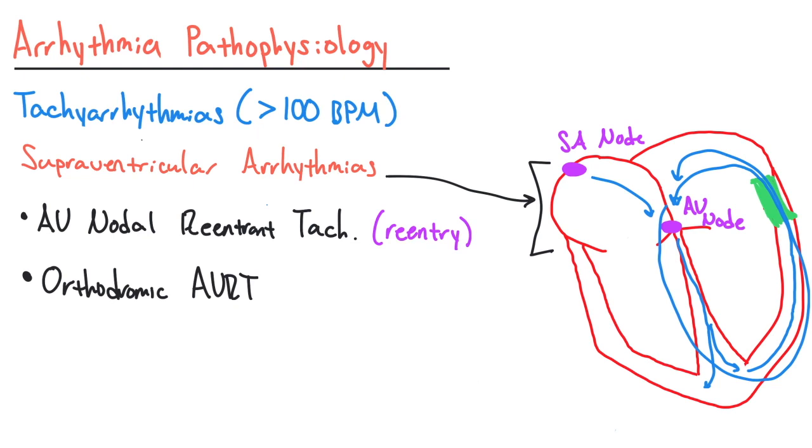There is, interestingly, a version of this that is different. It's much, much less common, but much, much more deadly. That is called antidromic AVRT. For this next explanation, I want you to pay attention to the anti.